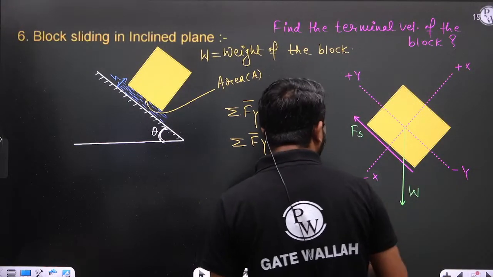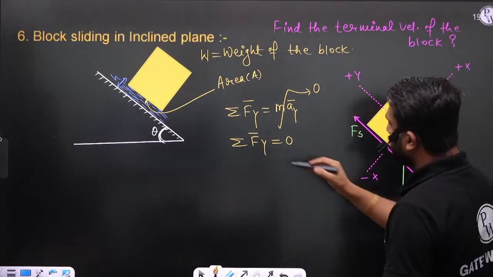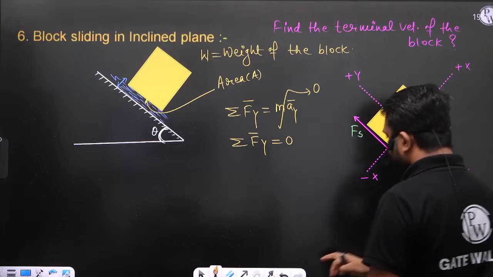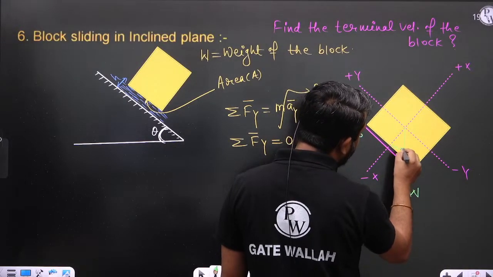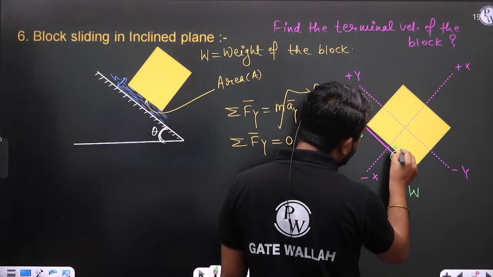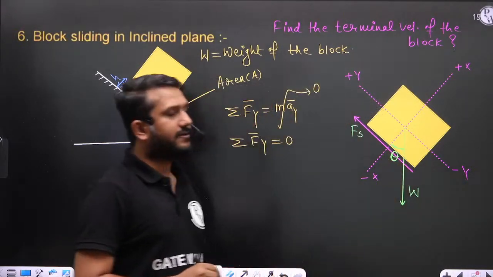This is the perpendicular of this, and this is the perpendicular of this, so this angle is also theta.